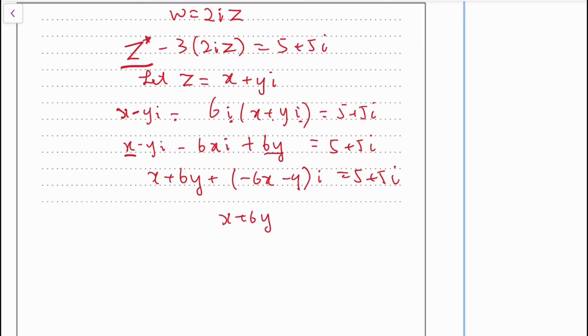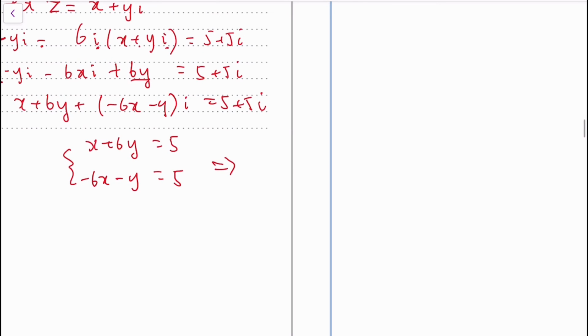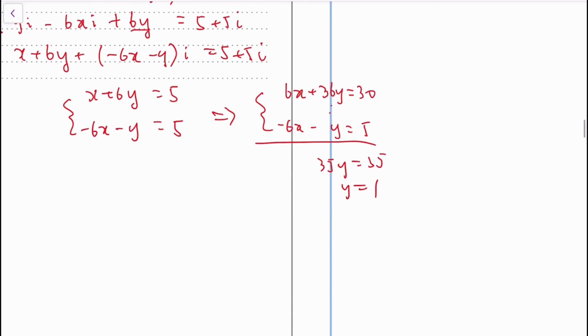So we have the real part equal to the real part, the imaginary part equal to the imaginary part. So we multiply the first equation by 6. Add them up. So we have elimination, right? x is gone. With 35, y equal to 35. So y is 1. If y is 1, then plug it back in. x is minus 1, I believe.